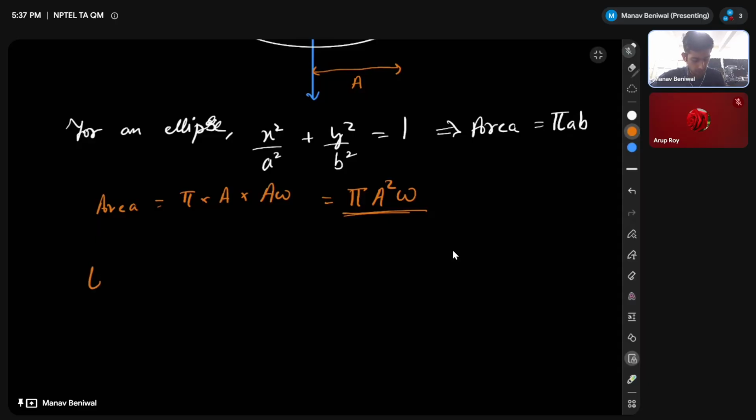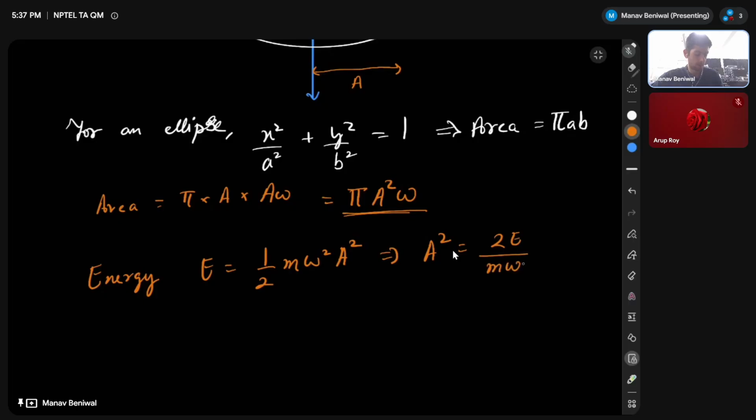We know the energy of a simple harmonic oscillator, E, is half m omega squared a squared. So a squared is 2E upon m omega squared.